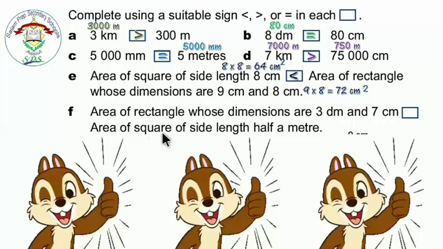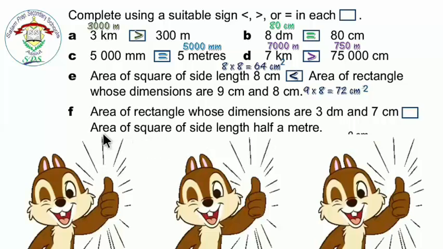Area of square of side length half meter. Half meter means 50 centimeters. The side length equals 50 centimeters.